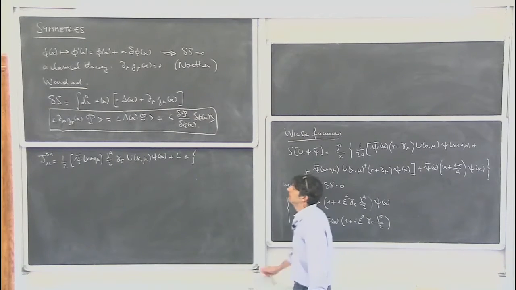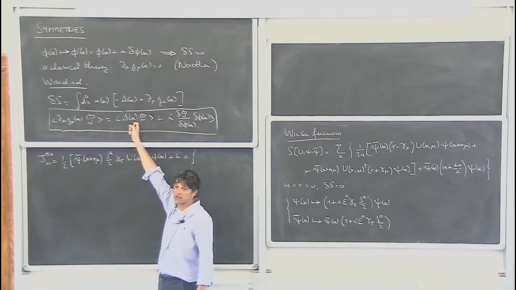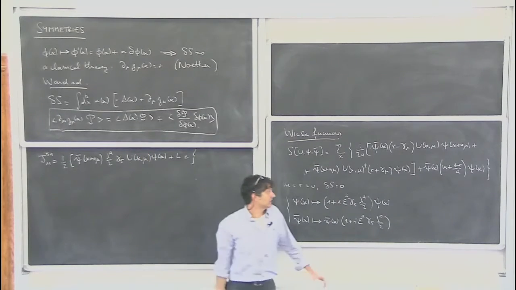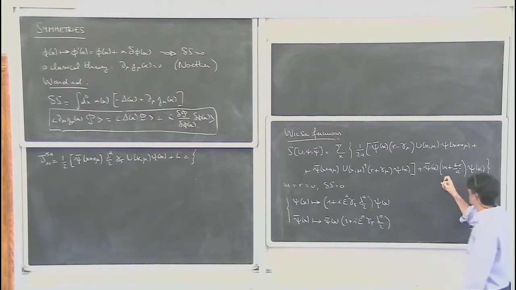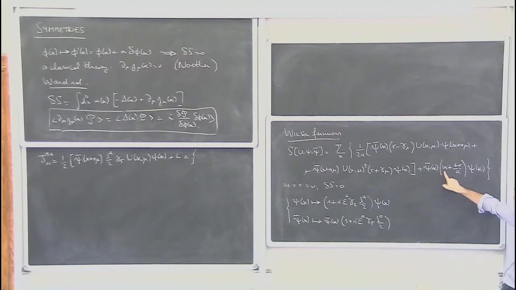Now, this delta x, I'm going to split it into two contributions. One contribution is the contribution that you would have in the continuum theory, so the explicit symmetry breaking that comes from the mass. And then a second contribution, which is the contribution that comes from the Wilson term. Okay? Remember we said a couple of days ago that the Wilson term breaks chiral symmetry, as you can see in this expression, right?